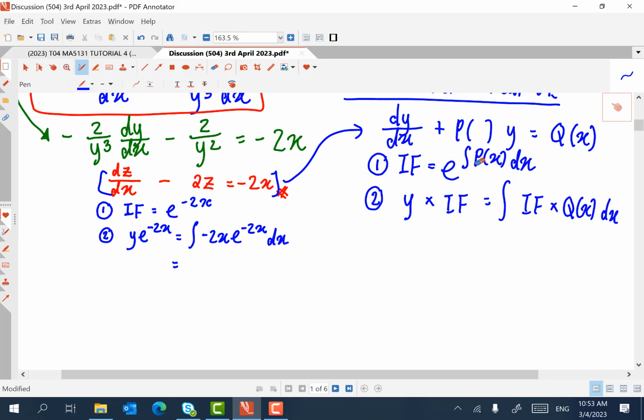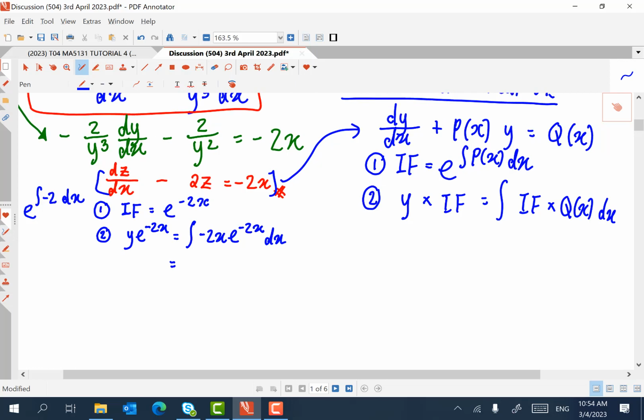So based on step 1 that I detailed here, you find the IF by taking e to the power of the integration of minus 2 dx. This is what I did to find the IF, and then I get the IF as this. Then step 2 is just to do y times IF and so on and so forth.